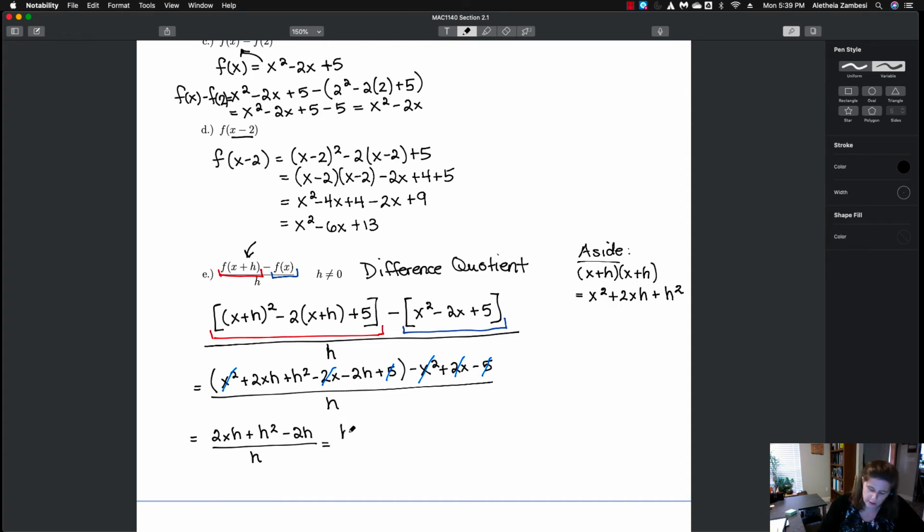So really what I'm doing is factoring it out on the top, so h times 2x plus h minus 2, and an h on the bottom, and then I can cancel that h top and bottom. So that's equal to 2x plus h minus 2. All right.